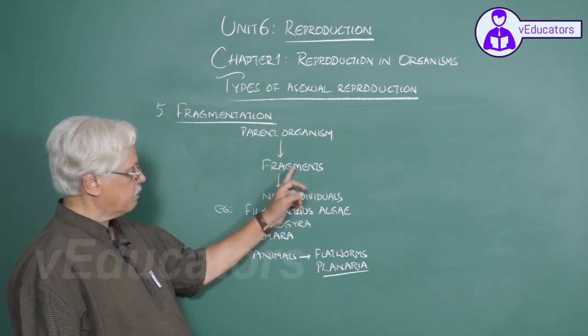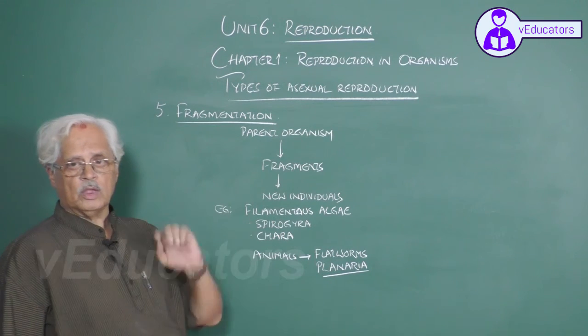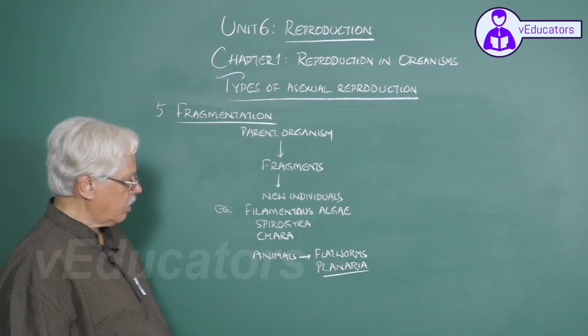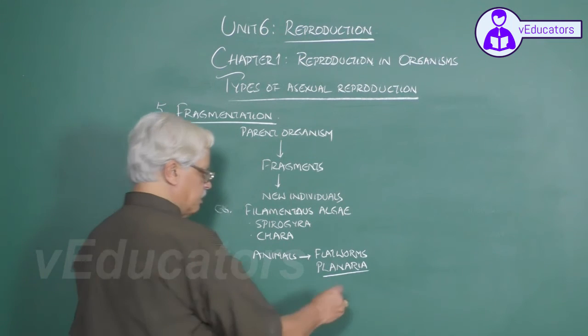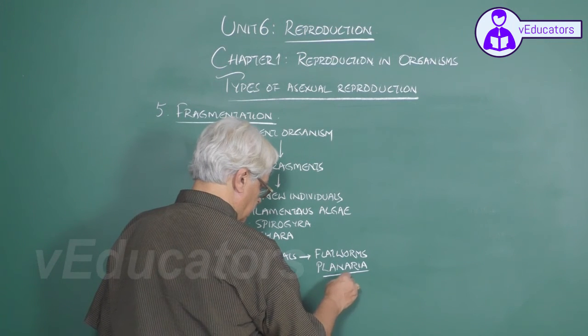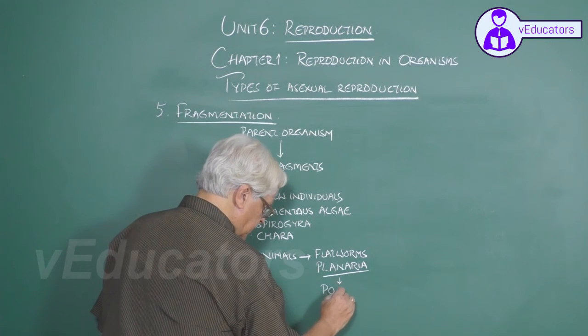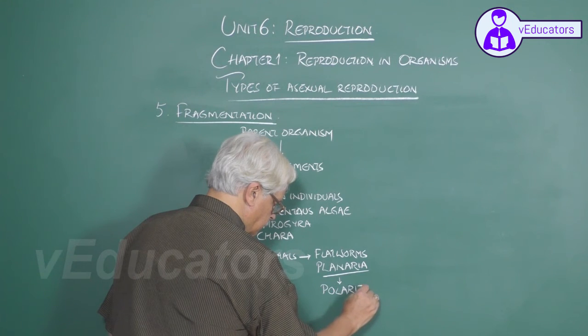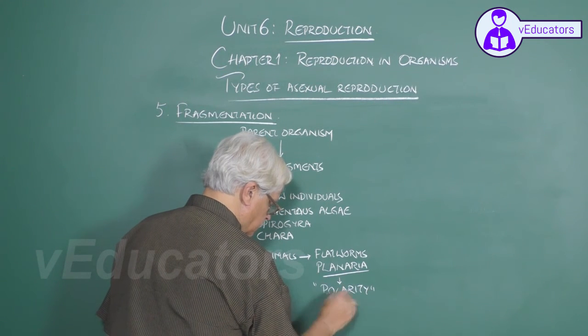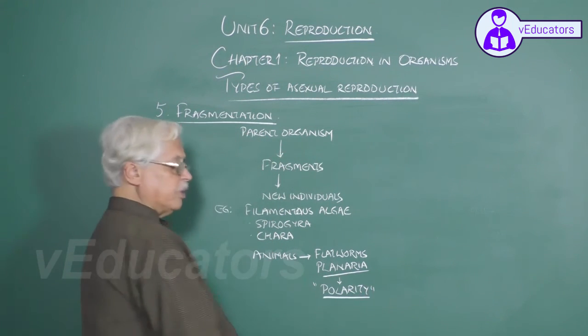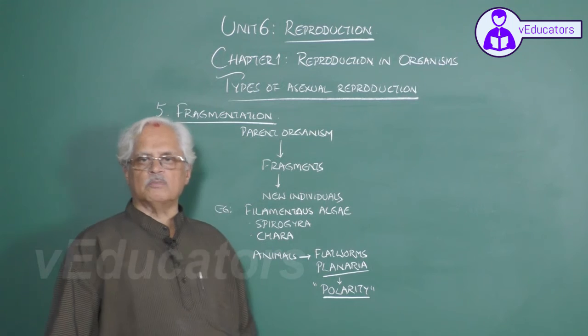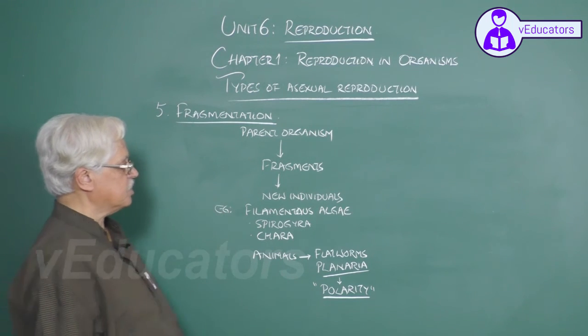Each piece, called a fragment, develops into a new individual. What is interesting in planaria is that there is a very clear polarity that is observed during fragmentation.